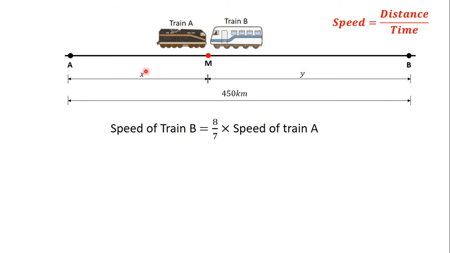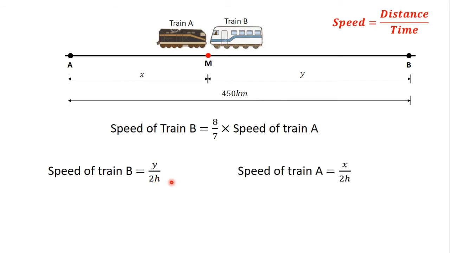From the diagram, we can see that the distance covered by train A is X and the distance covered by train B is Y. So the speed of train B will be equal to the distance covered by train B, which is Y, divided by the time taken to cover that distance, which is 2 hours.